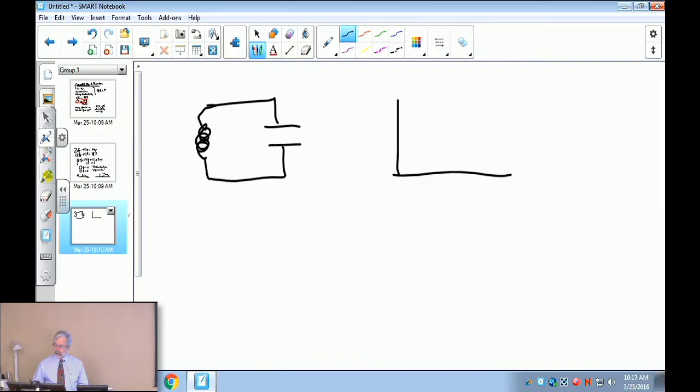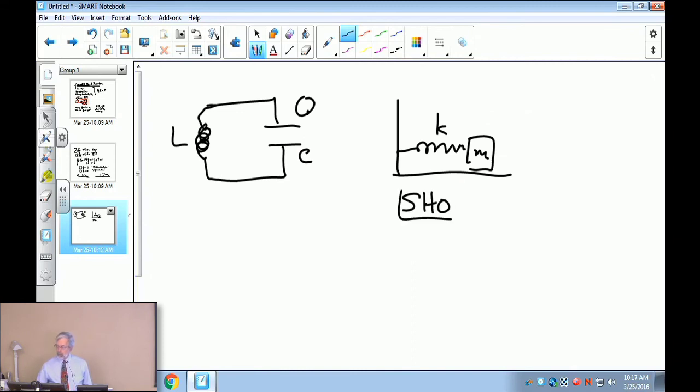So there was an analogy between a mass on a spring and a charge in an LC circuit. There's a formal mathematical analogy between them. In fact, there are lots of places where the simple harmonic oscillator shows up in physics, because you have some kind of stable equilibrium.